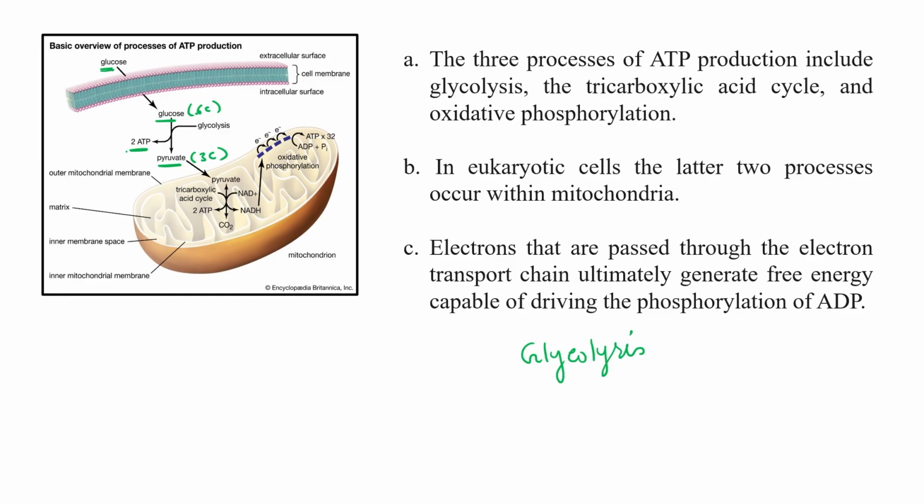Total 4 ATP are produced during glycolysis, but in the initial steps we have utilized 2 ATP molecules, so the net gain is 2 ATP, and this whole process occurs in the cytoplasm. This we have discussed in our previous video lecture.